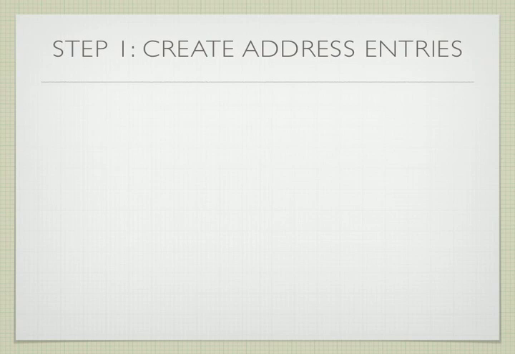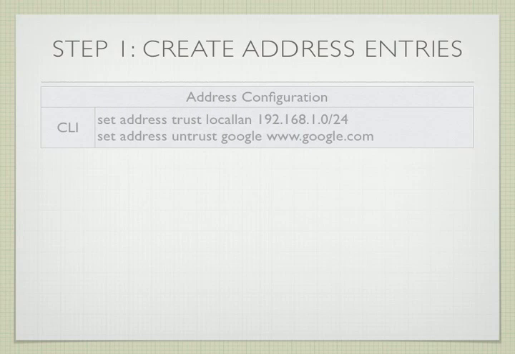So to actually create these entries in the address book, from the CLI, we use the set address command, followed by the zone, followed by the name of the address object, and then followed by the address.